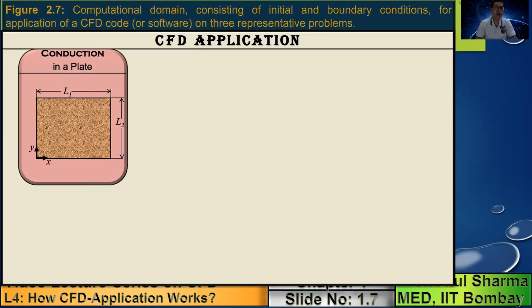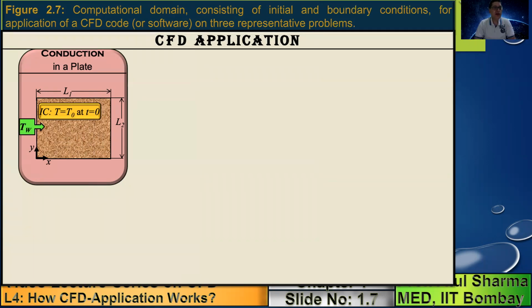Let us suppose this is a plate which is initially at some fixed temperature, T0. So this is the initial condition corresponding to the problem. If you do a grid generation, as I had shown earlier, the yellow grid points which you get inside the domain, all of them will be at a temperature T0. You get the first picture corresponding to the initial condition.